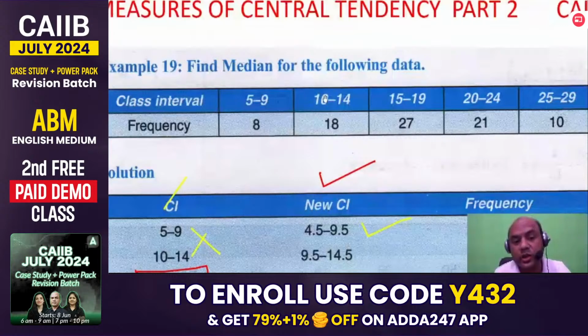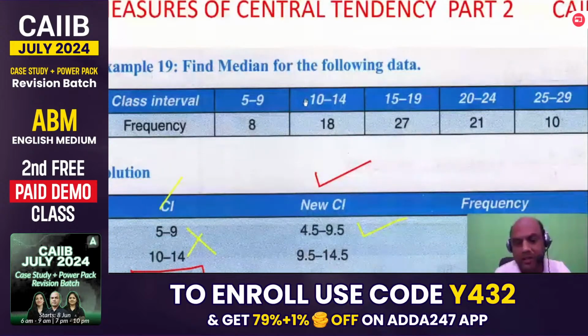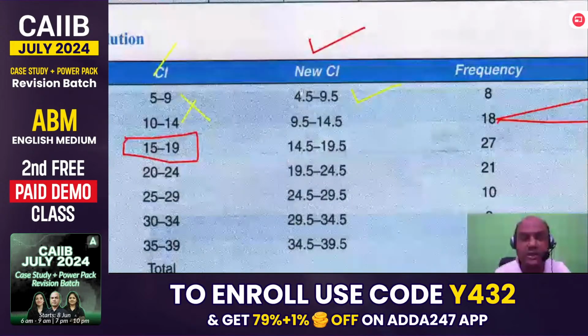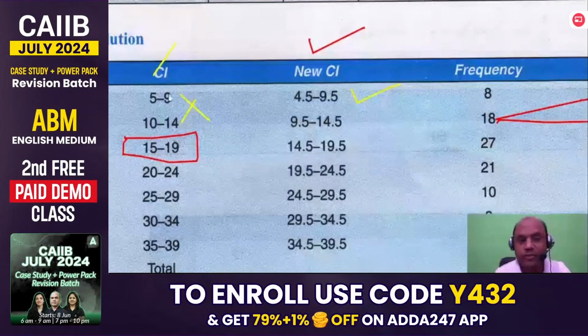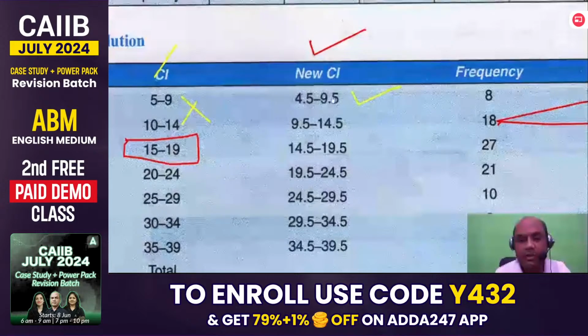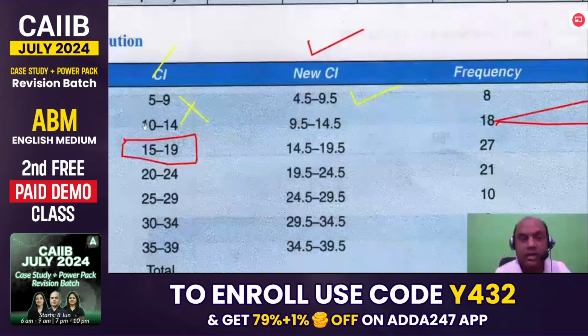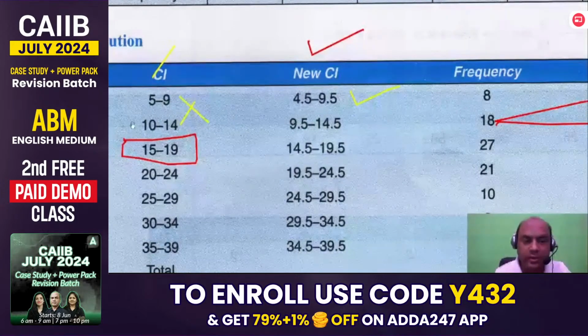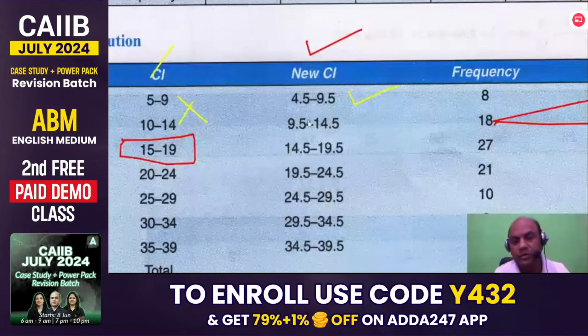I have to convert this to exclusive. How to convert this? Exclusive means 0.5 on this side, 0.5 on this side. So this will be my new class. See this. 5 to 9 will become 4.5 and 9.5. 10 to 14 will become 9.5 to 14.5. So one thing you must always note, the ends should match: 9.5, 9.5, 14.5, 14.5.